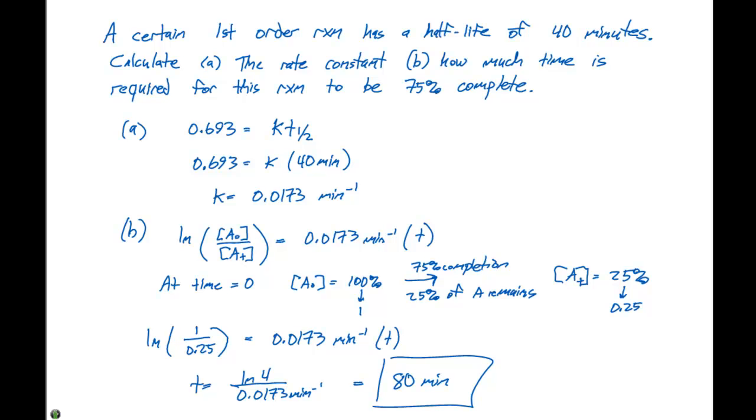This particular question asked us how much time is required to get 75% completion of this particular reaction. 75% completion means you're going to have 25% of your initial concentration remaining. So we plug those values into our concentrations, use the k from the half-life expression, and then solve for t, which in this case is going to be 80 minutes.